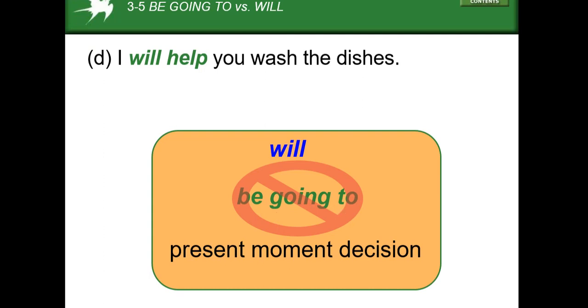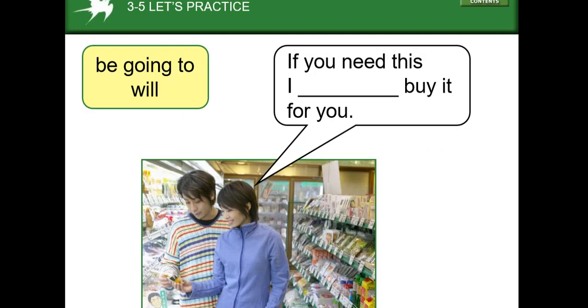It is something that only just happened at the moment. For example, if someone is knocking at the door at this moment, and I say, "Oh, someone is knocking at the door," then my sister or my brother says, "Oh, I will open it." That's a decision that you make at the moment of speaking.